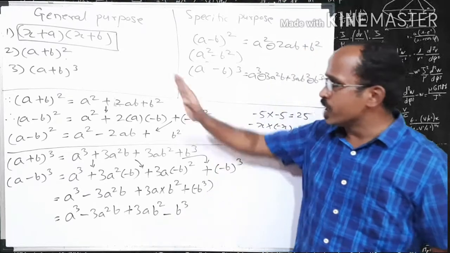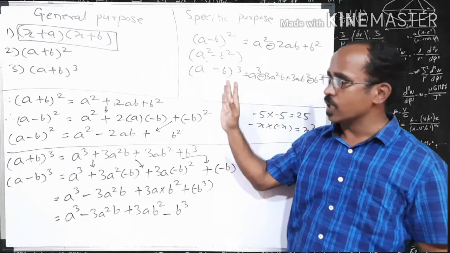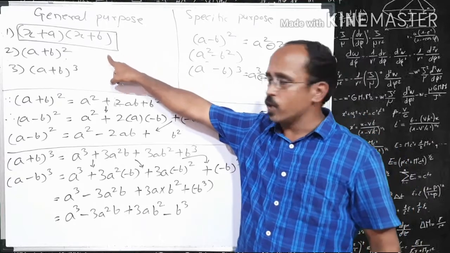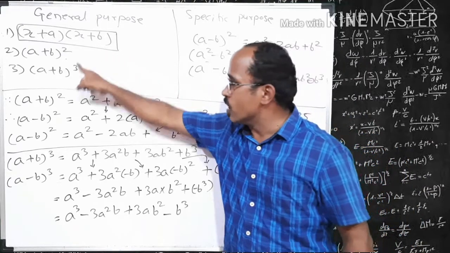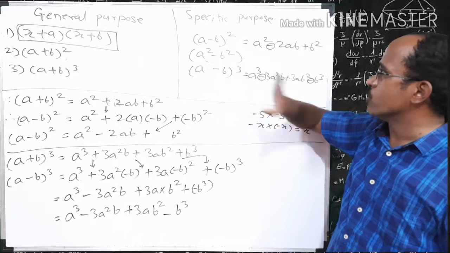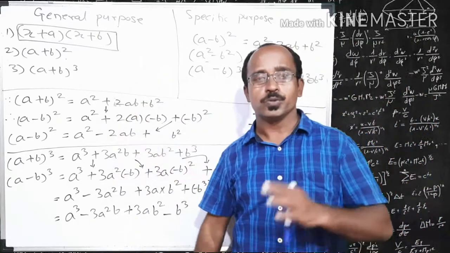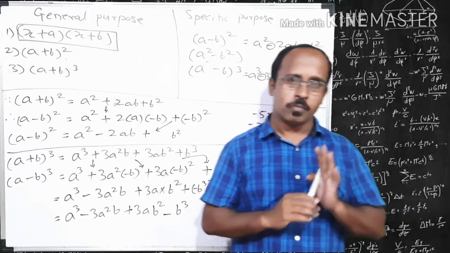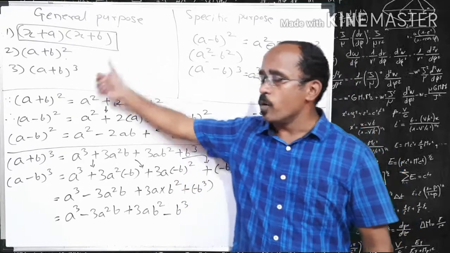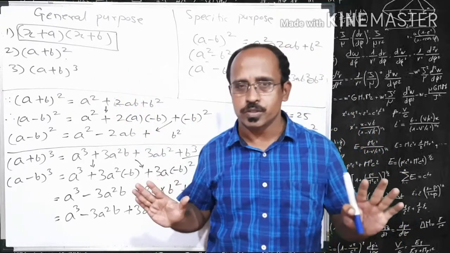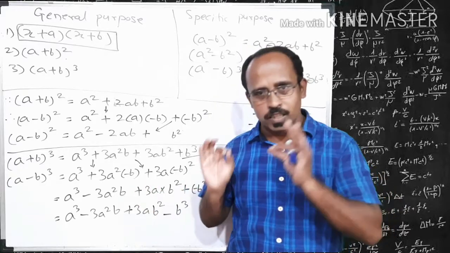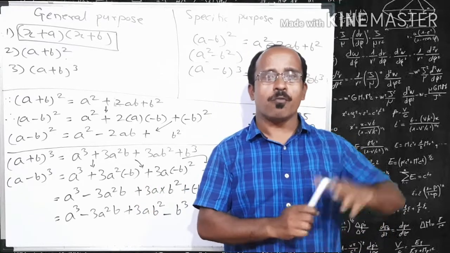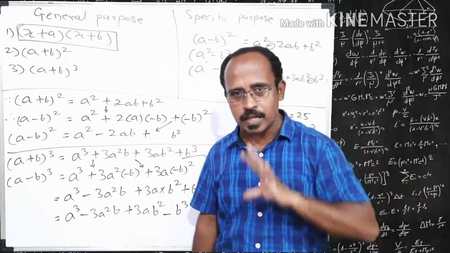Clear? So here I have clearly given you that only this formula we are going to use as general purpose, and 1, 2, 3, 4, 5, all these formulas we are going to use as specific purpose. Why? Because the most important thing is these formulas are most often used, nothing else. These formulas are most often used till the 10th standard.